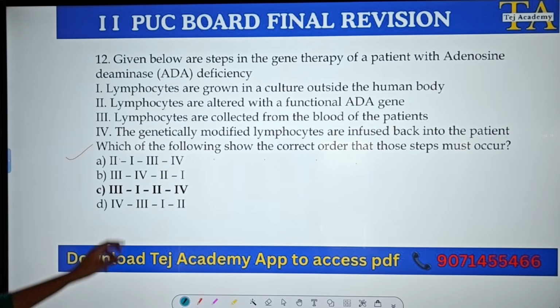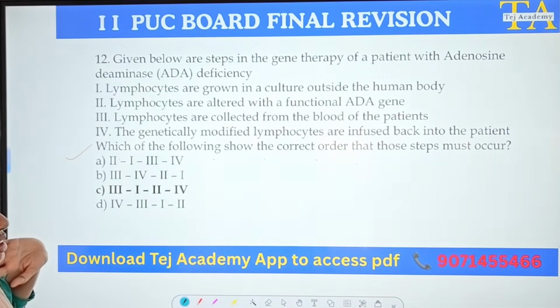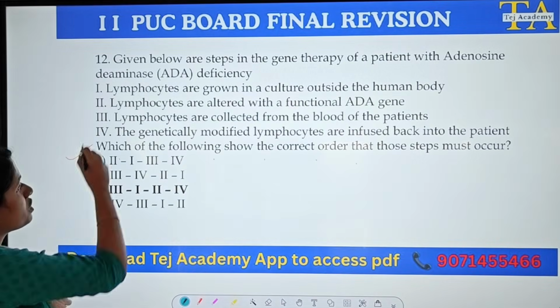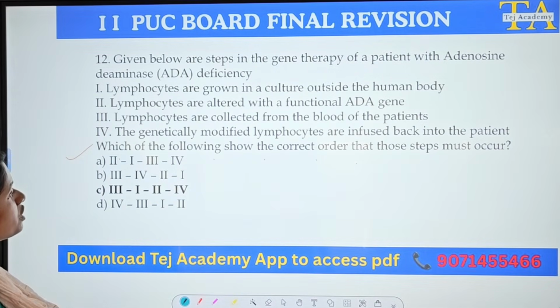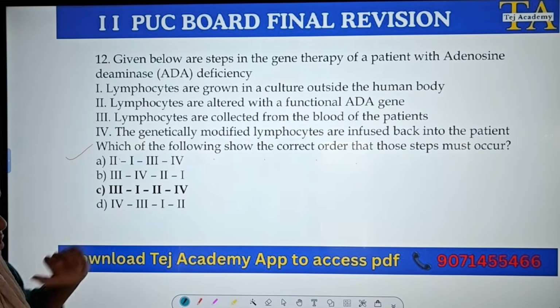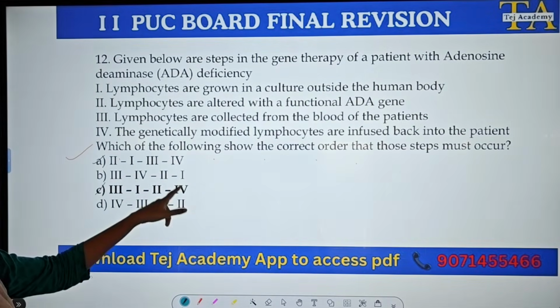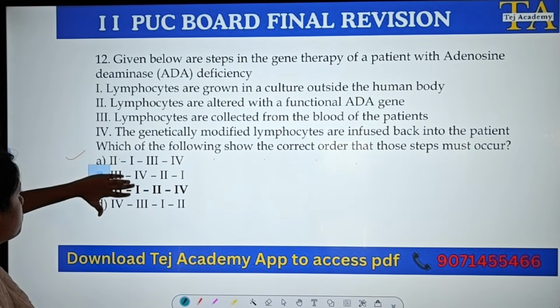Why? Because here it shows genetically modified lymphocytes. So in these options you can see which has the 4th statement coming last. Here in A and C case, it is the 4th statement that is coming in the last order.